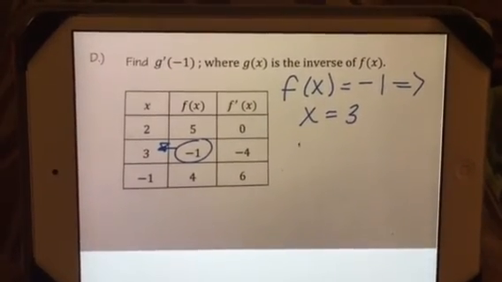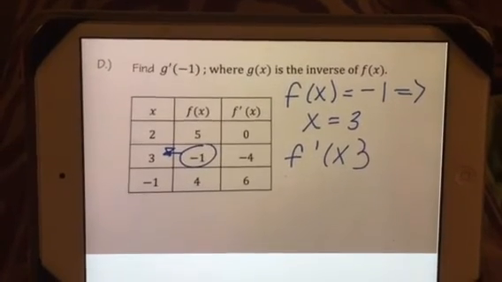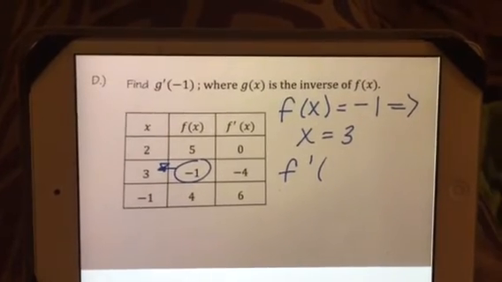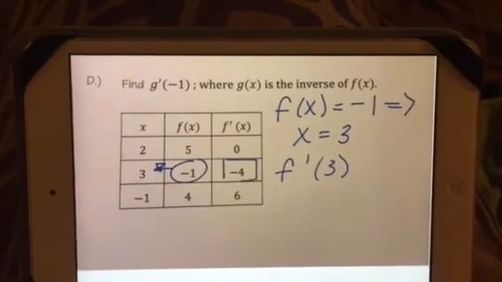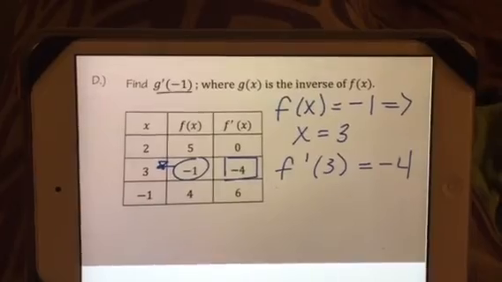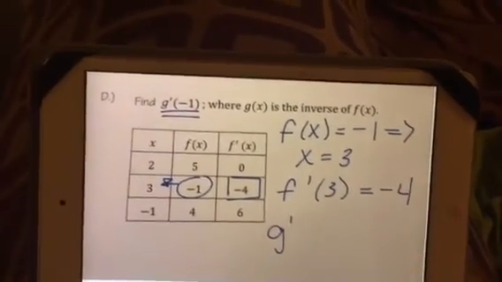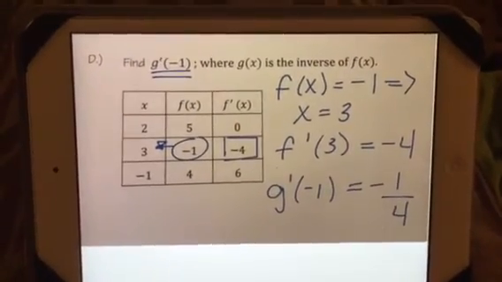So now to find f prime of 3, looking at the table, f prime of 3 is equal to -4, and remember that g is the inverse of f, well then g prime of -1 is just the reciprocal, which is -1/4.